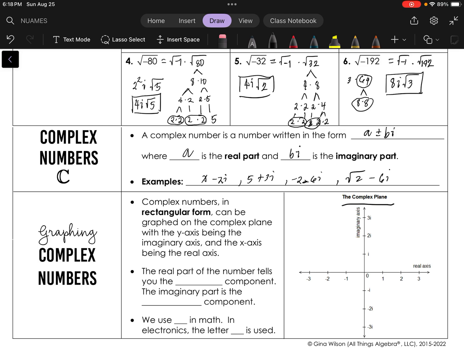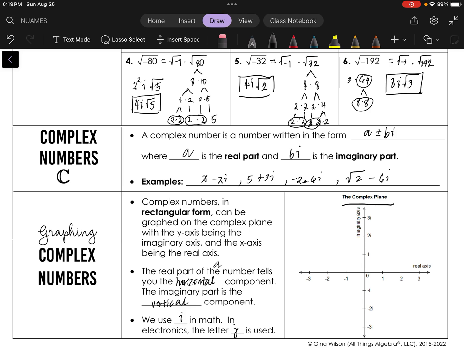The real part, which is the a part, tells you the horizontal component of the graph, and the imaginary part is the vertical part of the graph. We use this term I in math, but when you do electronics later on, the letter J is used when you're using imaginary.